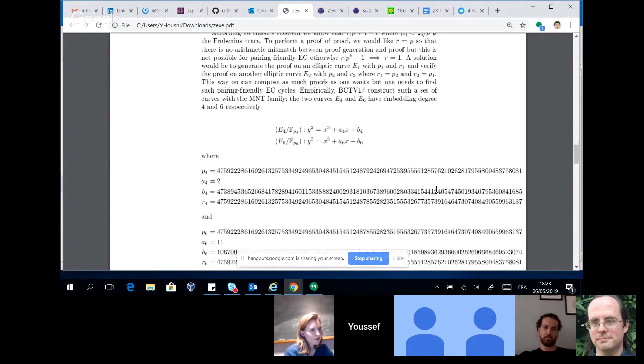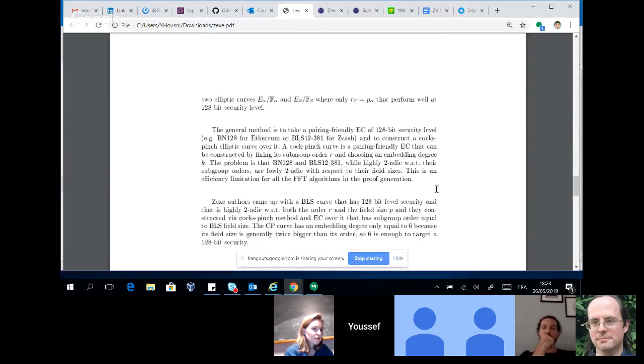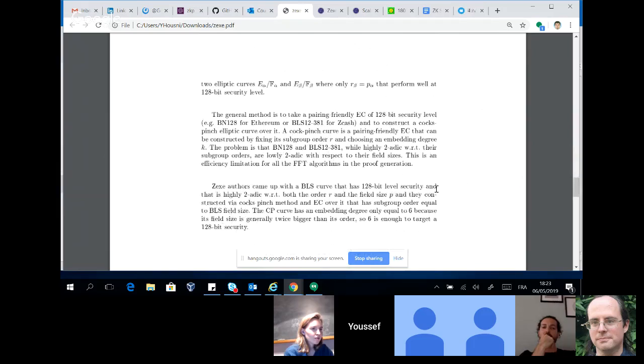So the idea is, in pairing-based elliptic curves, in pairing friendly elliptic curves, we want the subgroup order to divide the field size to the power k minus 1. So if the field size is equal to the subgroup order, the subgroup order will divide 1, so the subgroup order will be equal to 1. But we want the subgroup order to be a large prime.